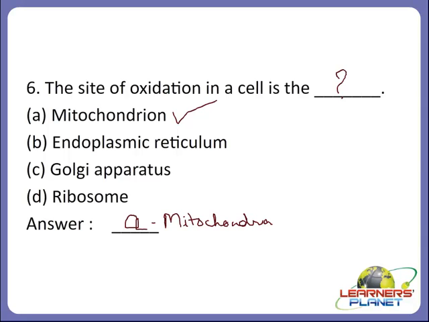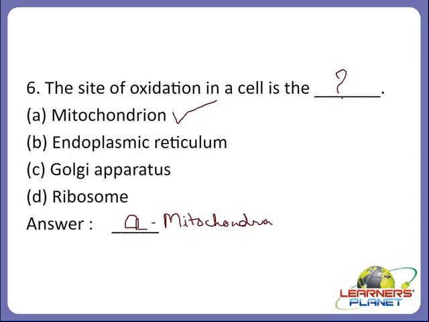In this case, endoplasmic reticulum, do you think it could be a right answer for this? Never, because it is involved in the synthetic or anabolic type of processes like lipid synthesis or protein synthesis or steroid secretion, etc. Golgi apparatus, it is serving as the packaging unit.